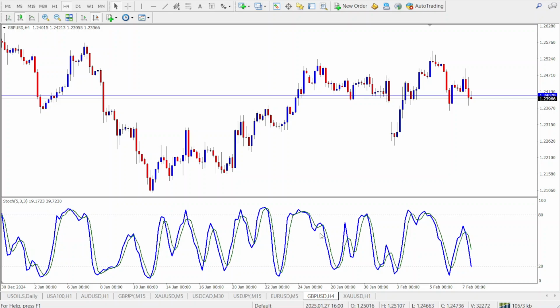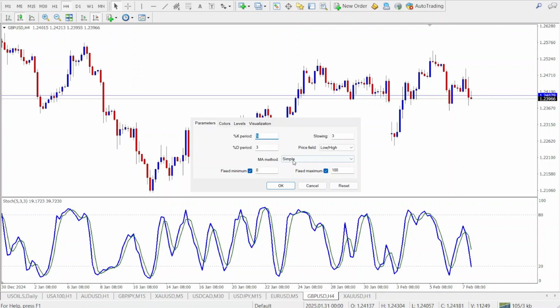Before we go over the strategy, let us break down what the stochastic oscillator is and how it works. Now, the stochastic indicator is a momentum oscillator that measures the position of the most recent closing price relative to the high-low range.